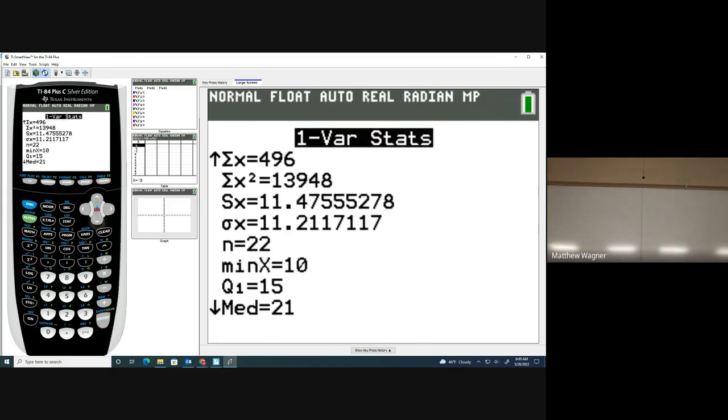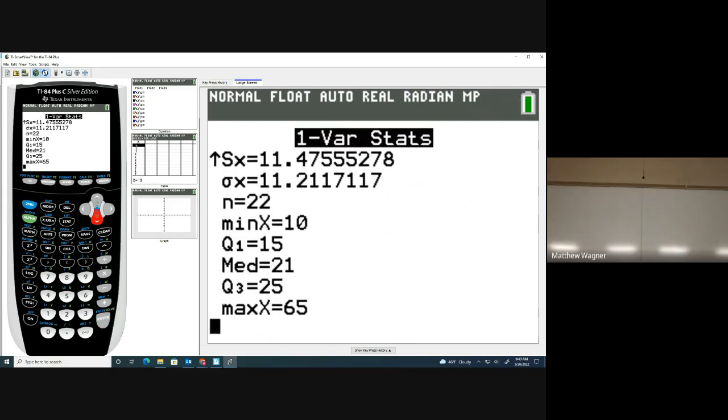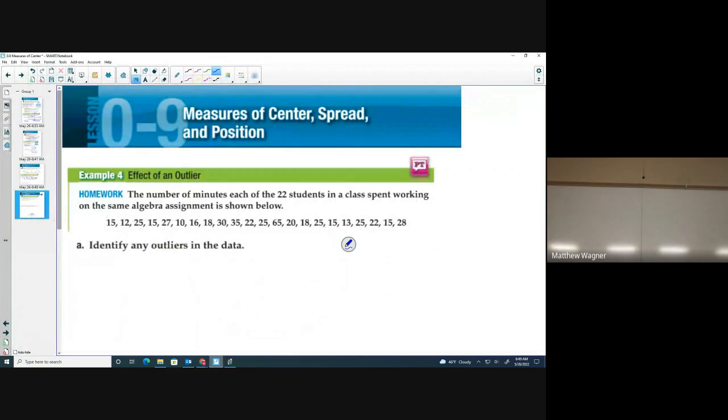I can scroll down and I'm able to get the information for my 5-number summary. Okay. So I'm going to come back to the screen. We essentially have 10 as our minimum, quartile 1, median, quartile 3, and maximum. Our maximum is 65, our median is 21, quartile 1 is 15, and quartile 3 is 25.